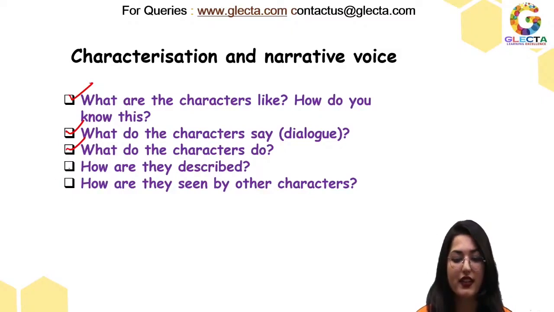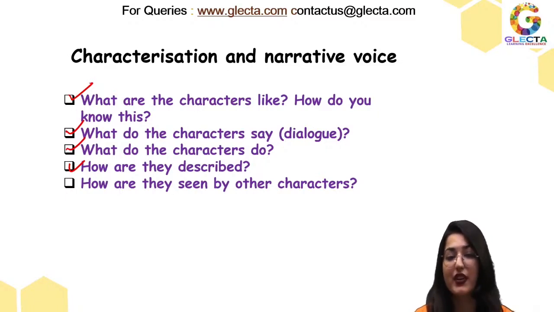How are they described, and how did the writer describe that character? In An Inspector Calls, Sybil Birling is described as cold. Why? Because of her behavior towards Eva Smith. So she was described as cold by J.B. Priestley because of her behavior.